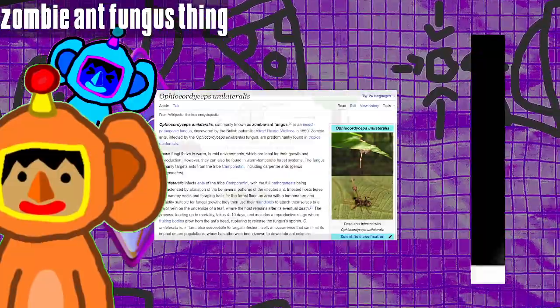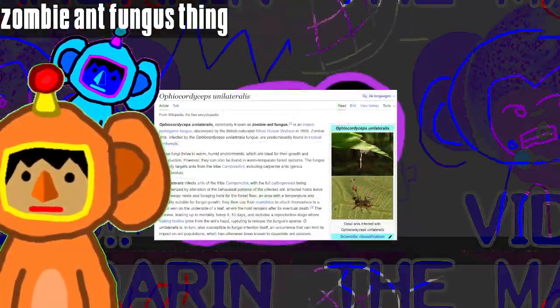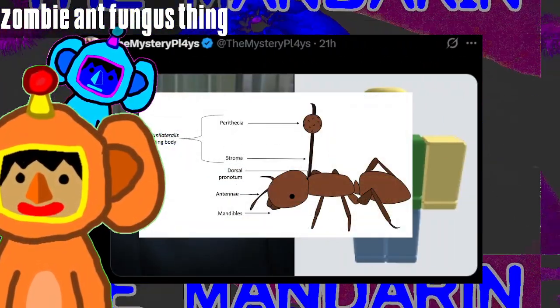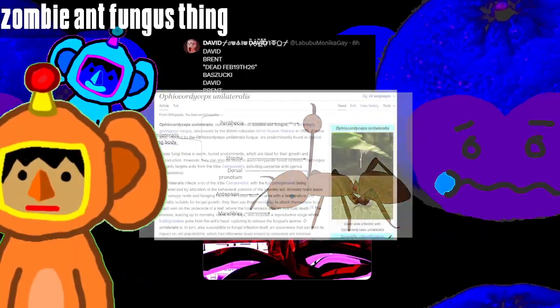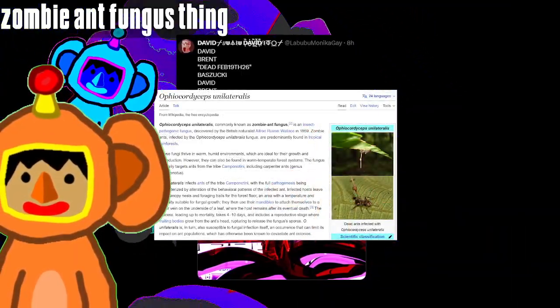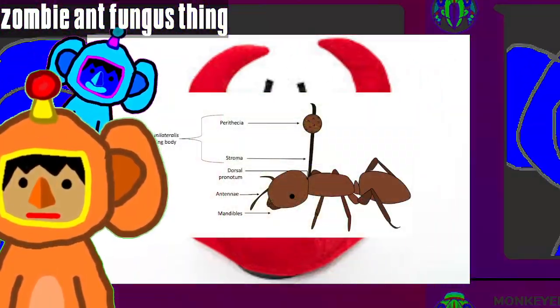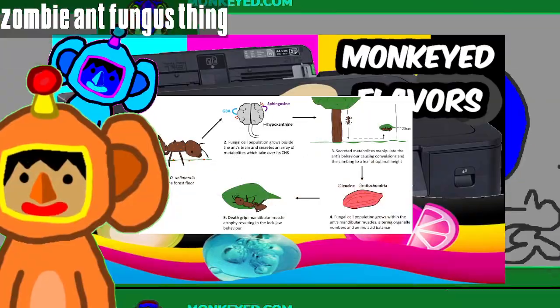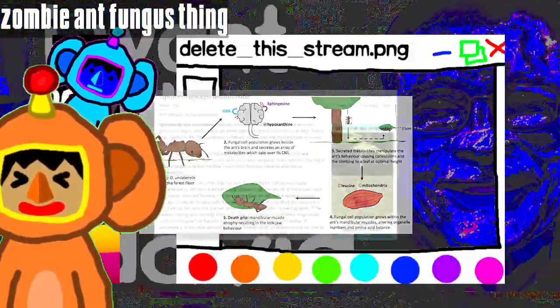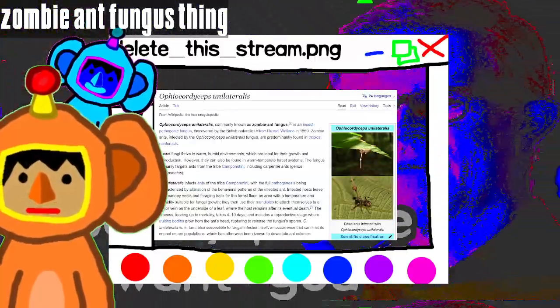However, in 2007, important new molecular data was tested and enabled them to reorganize the family Clavicipitaceae. It's insane how they can research something and suddenly one thing is no longer part of a family. That's very interesting. Well, that's about it.